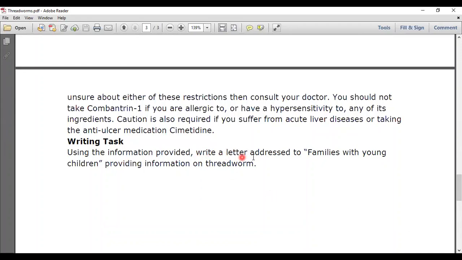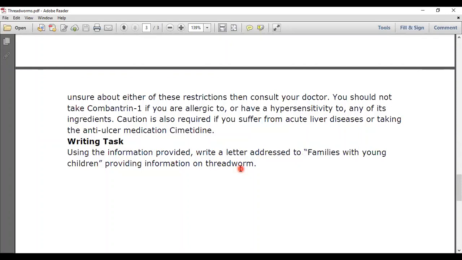And it says write a letter addressed to families with young children providing information on threadworm. So basically it is not to tell them how to take medication. As far as pharmacy students are concerned, you may also have certain tasks where you have to instruct the patients on how to take certain medication, what complications they have to look for, how much dose is to be taken.